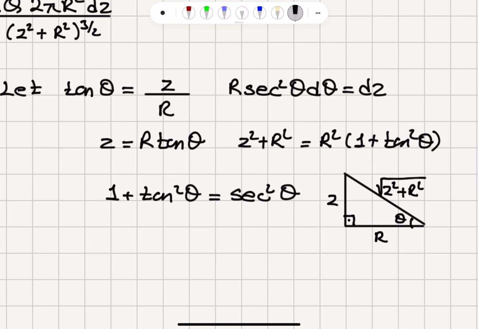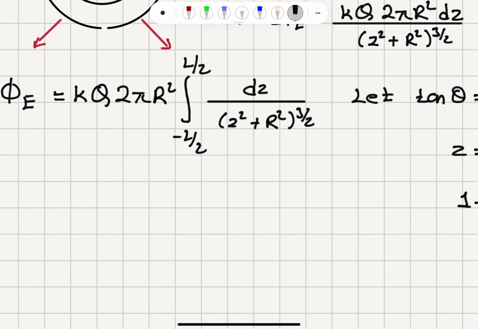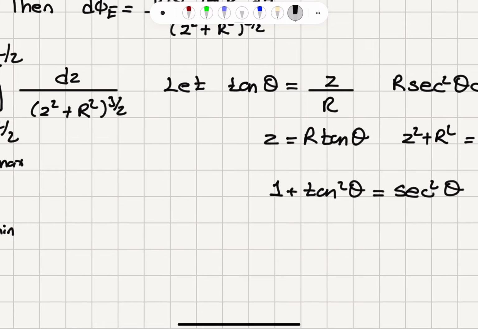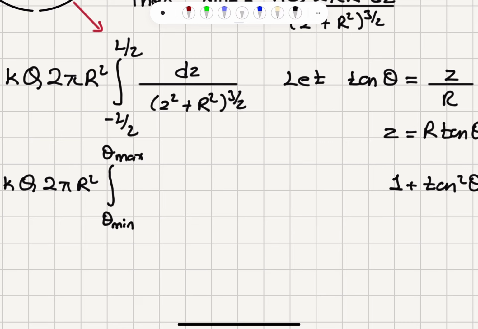All right. So if I make this substitution to my integral here, I'm going to obtain k capital Q 2 pi capital R square, integrated from theta minimum to theta maximum. For dz, I'm substituting capital R secant square theta d theta.